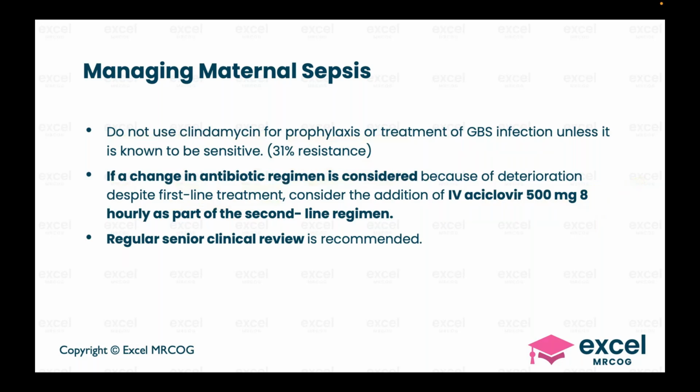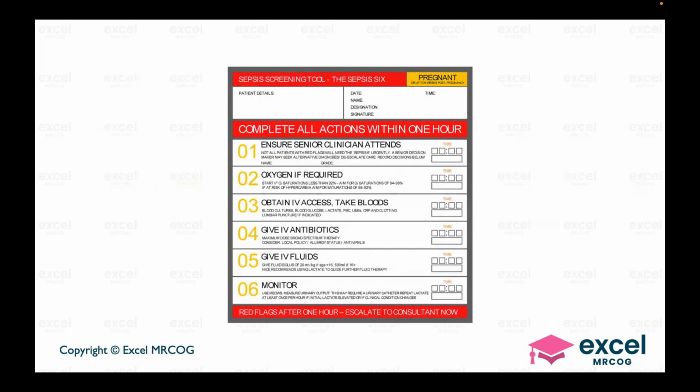Sepsis 6. There are 6 steps, right? So the first step is ensure senior clinician attends to the patient. Okay. So they have mentioned that not all patients with red flags will need the sepsis 6 urgently. So you can wait for the senior clinician to come and then start.